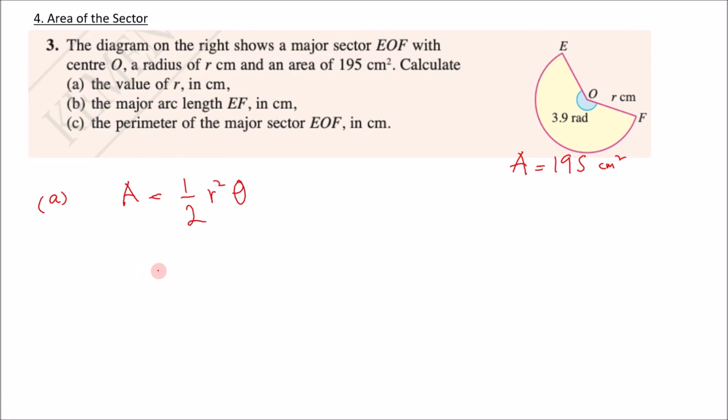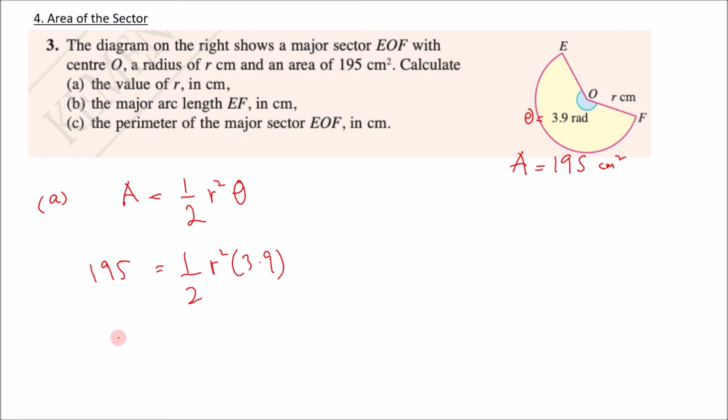So A is 195, 1 over 2 times r. We do not have r yet, so we need to find r, and theta is 3.9. This is theta.